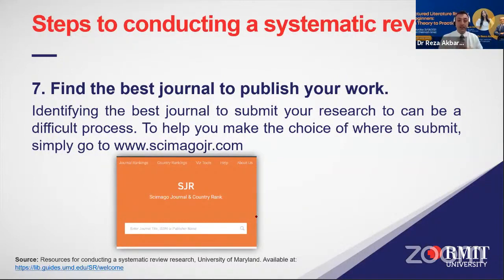This is for publication, but if you're doing a thesis, a master by research, you definitely need to do a systematic review for your literature review section anyway. This is very important so that your examiners see that you've done it. And also, because you've done it, you can publish a paper out of it, right?